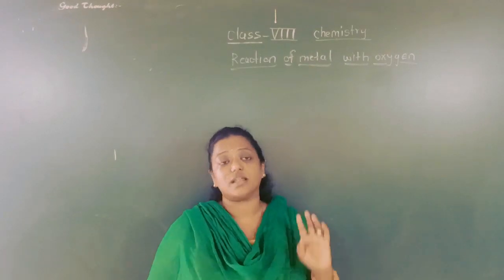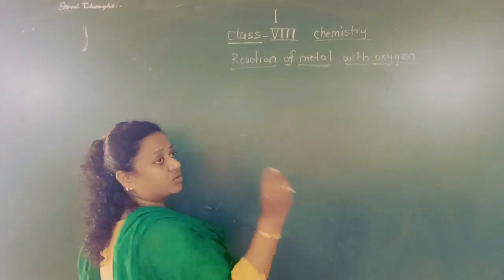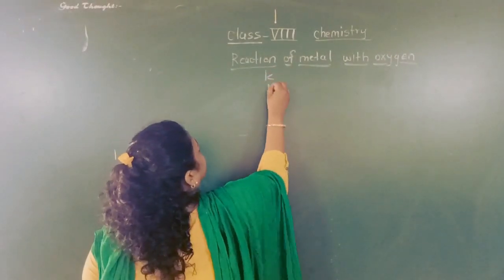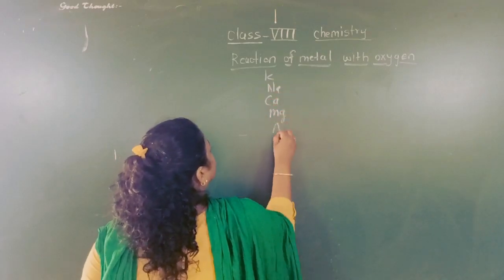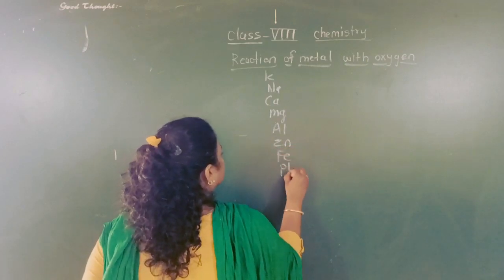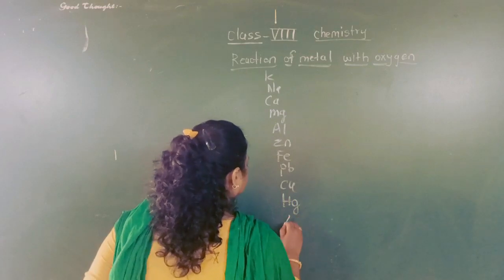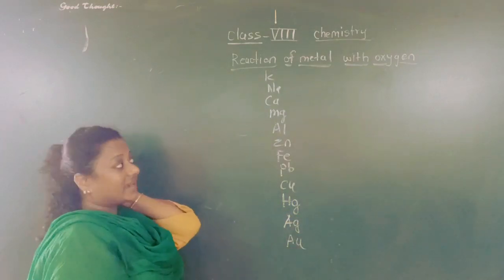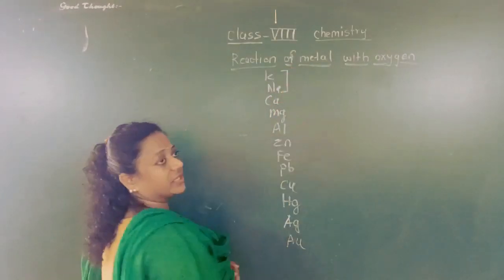Okay, so first of all I would like to write the reactivity series. I know you know how to keep it in mind, so will you please say it with me? The metals at the top of the reactivity series are potassium and sodium.